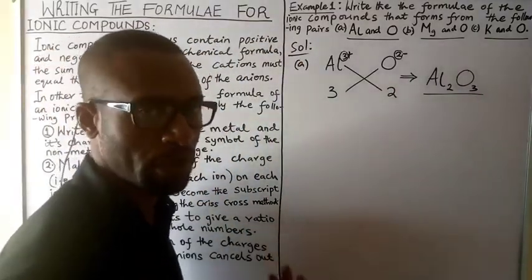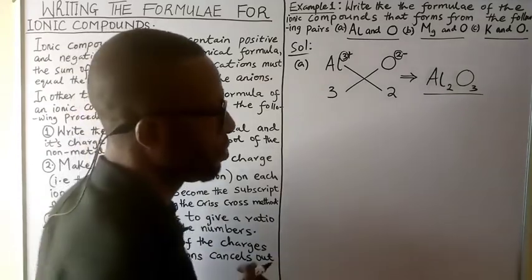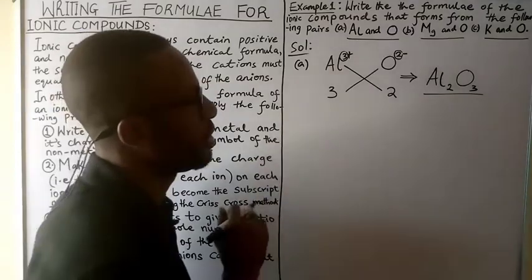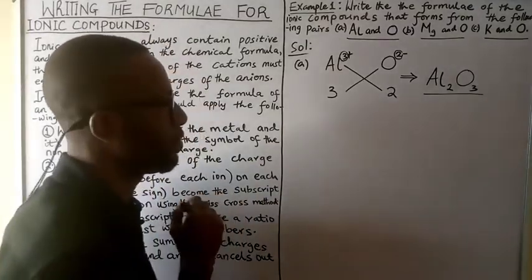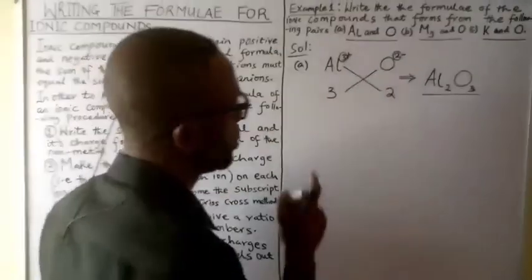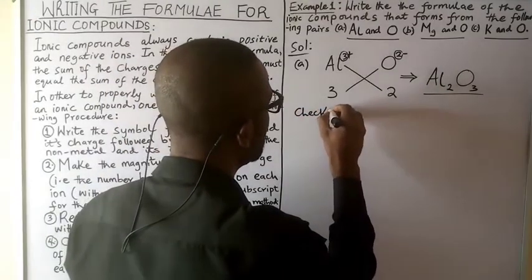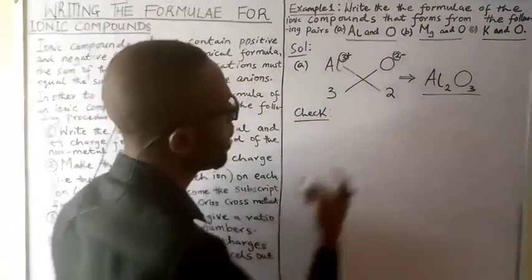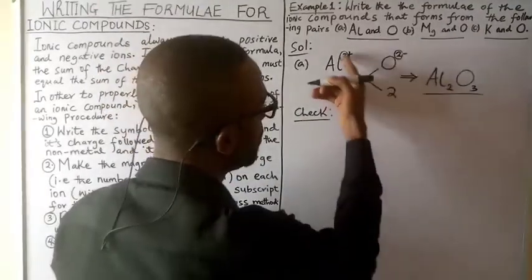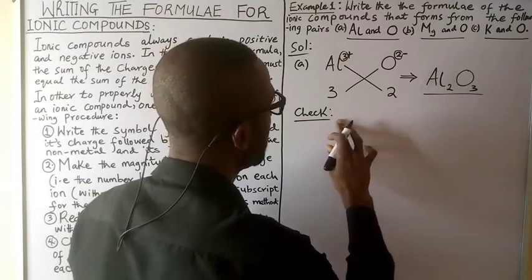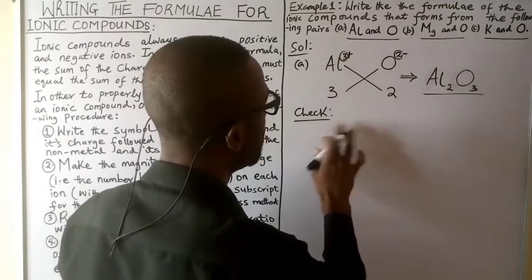We are coming to the naming. For now, we are trying to write the chemical formula of this ionic compound, and we are done with the first one. Remember, it is important that you check to make sure that the charges cancel out. So if you look at it, 2 will go into 3+. The magnitude here that went into aluminium is 2.